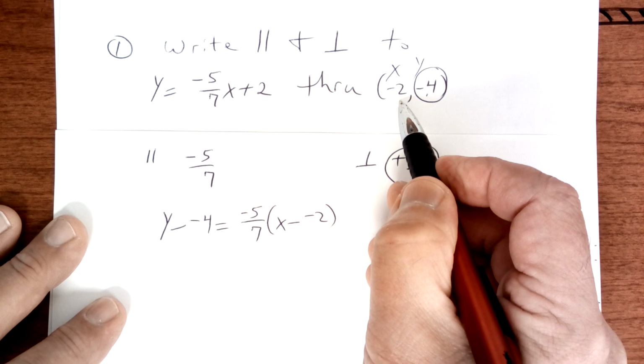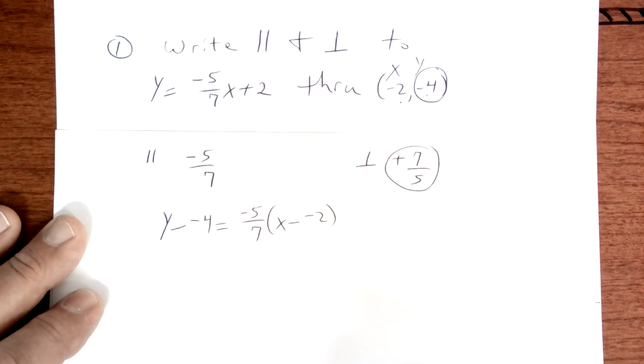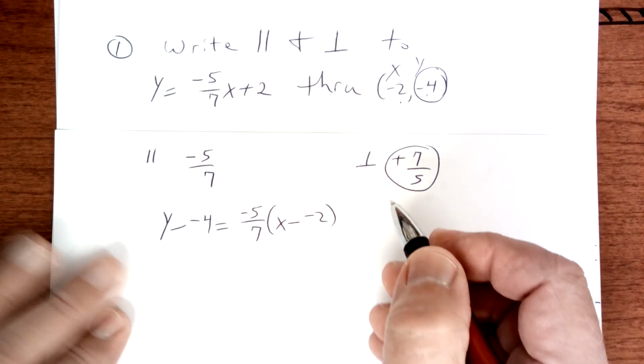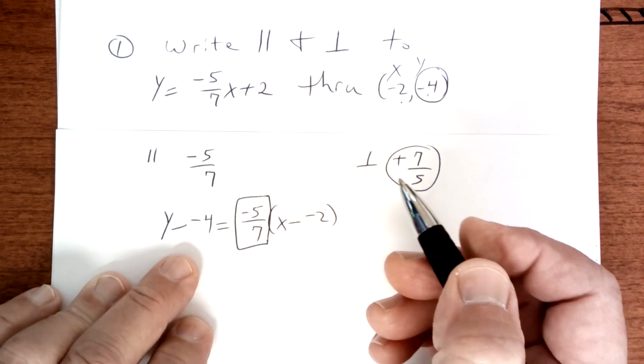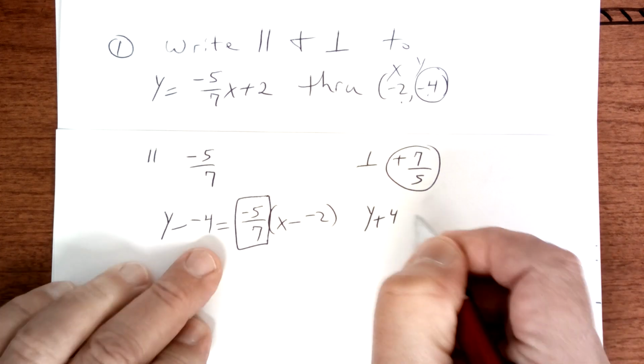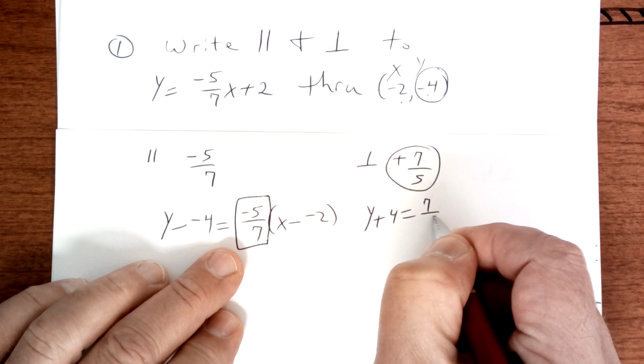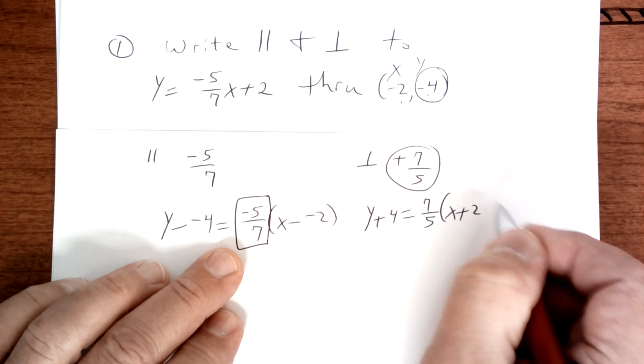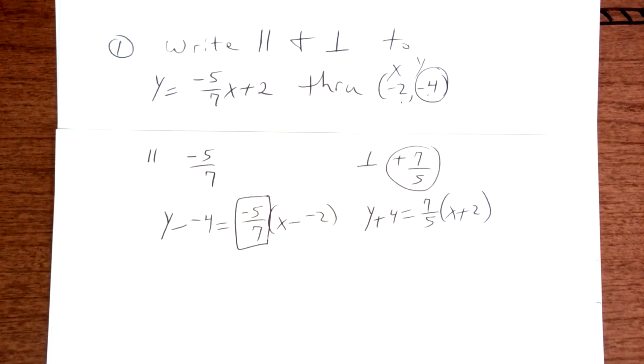Okay? Now you have to work this all 3 ways. Well, we'll do that in a minute. Perpendicular, all you're going to change is this. So for perpendicular, it's going to be y plus 4 equals 7 over 5, x plus 2. Any questions on parallel or perpendicular?